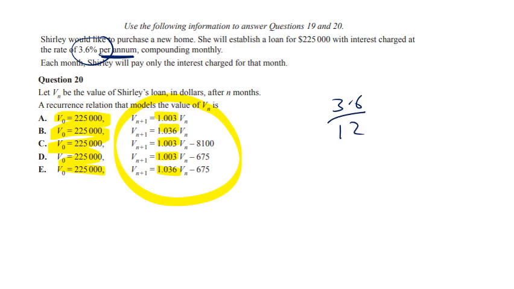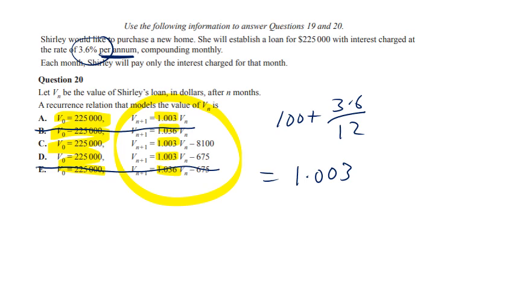And that's the interest. And then you're going to have to remember the principal. So it's 100 plus 3.6 divided by 12. And that's why you get the answer 1.003. So that's the first hurdle you needed to pass. So that rules out B and it rules out E.